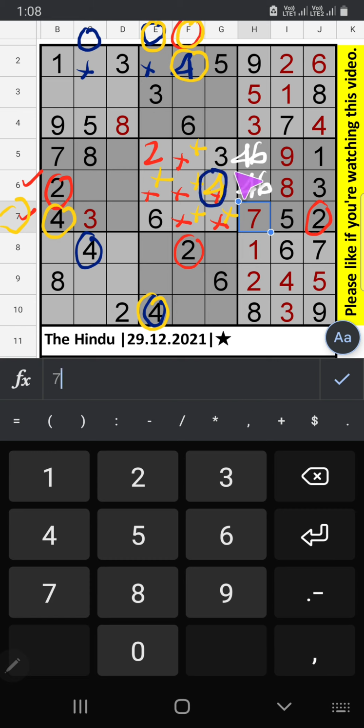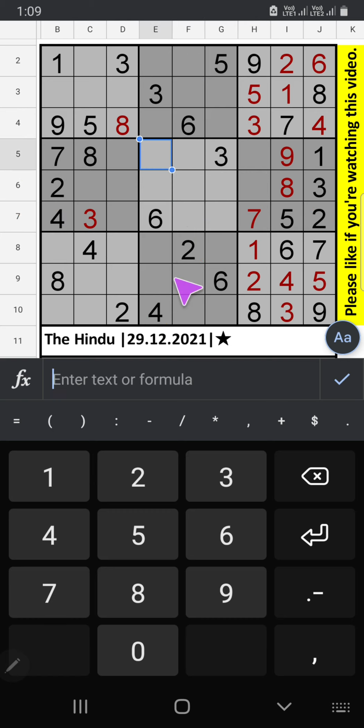Since 4 is here, so it can't come in this cell. 4 will be here. Below will be 6. We completed column H also.